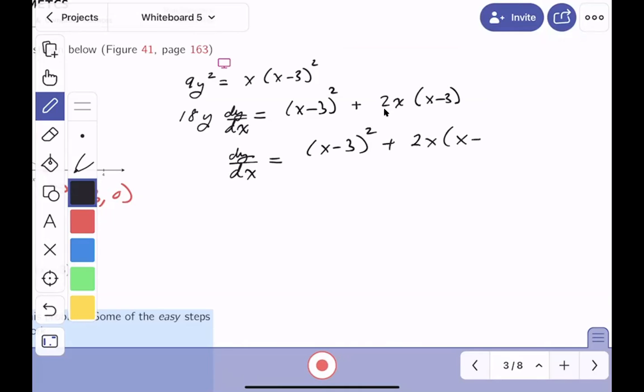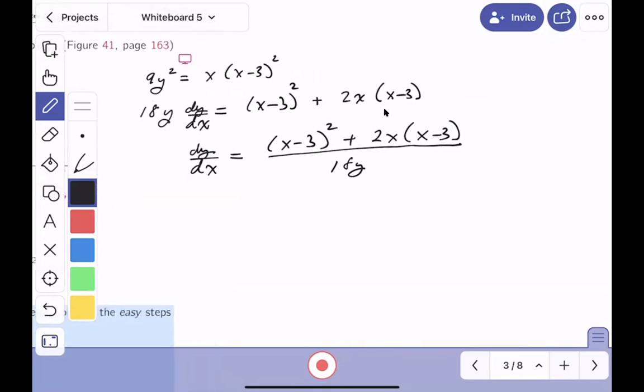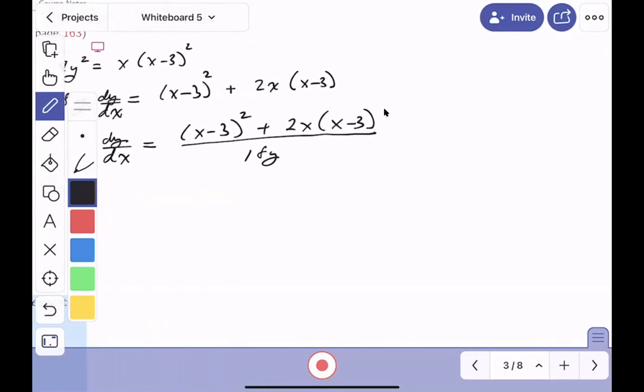And I realize some students are going to say, this is not working for me. Maybe not. I'm not saying it is. What I'm going to do is factor that because it looks a nightmare to me too. So x minus 3 comes out, and what's left is (x minus 3 plus 2x) over 18y. Let me keep going.